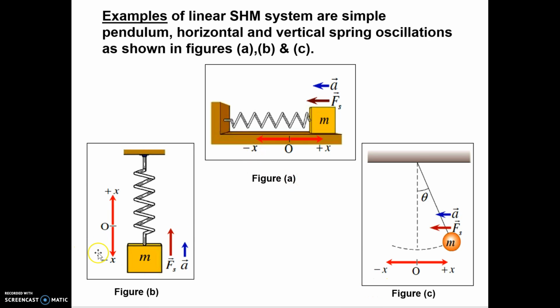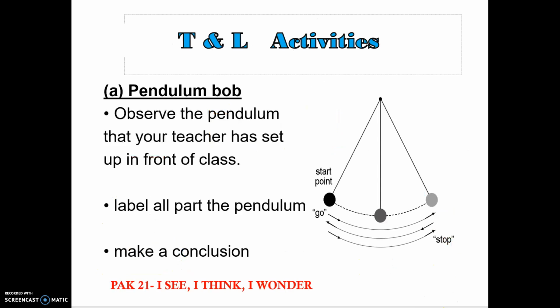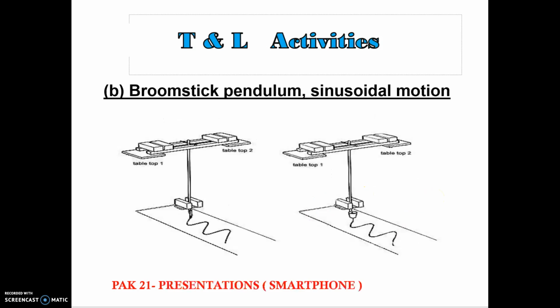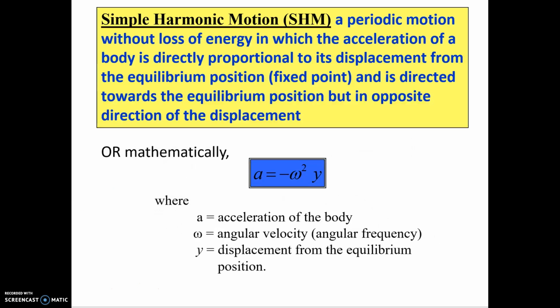So it's going to be positive y, negative y. This is the pendulum bob, this is the equilibrium position, positive y, negative y. You have done this in your lecture.